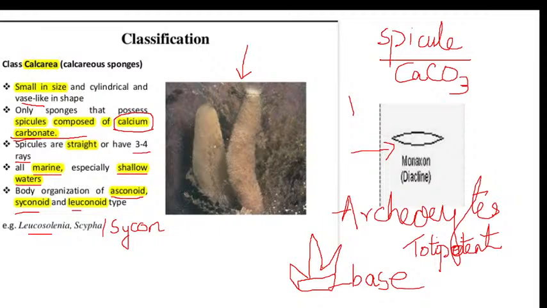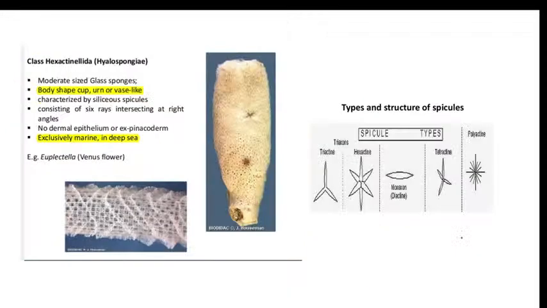Then next, this is class Calcarea, which includes sponges made up of calcareous spicules. Next is class Hexactinellida or Hydrospongiae or Hyalospongiae. They are moderate sized glass sponges.